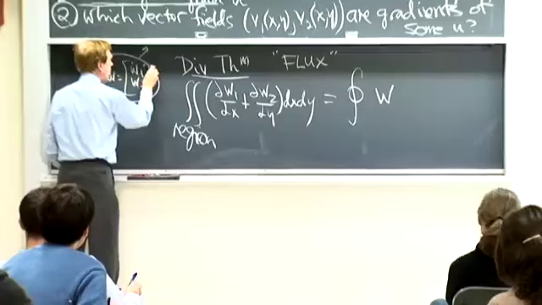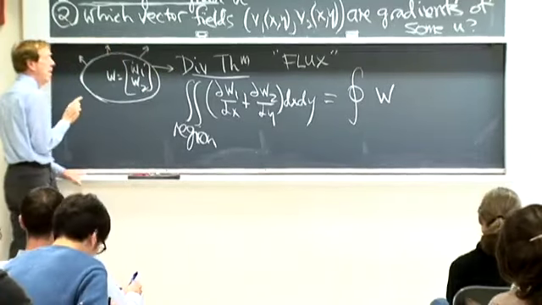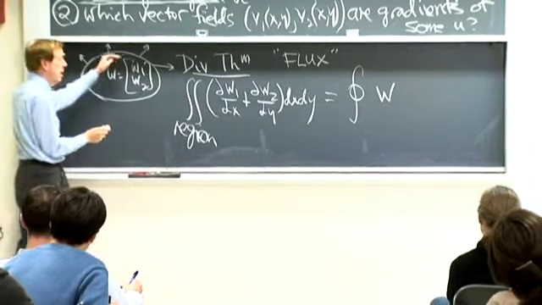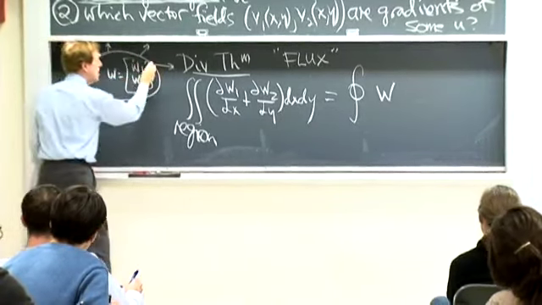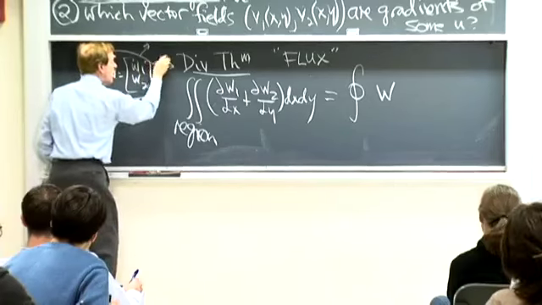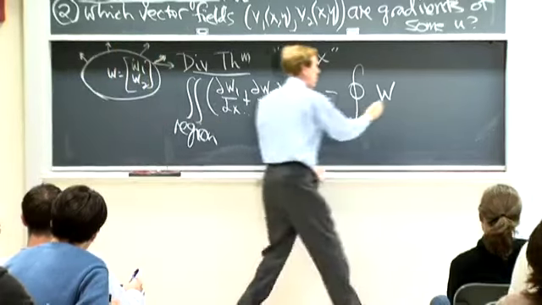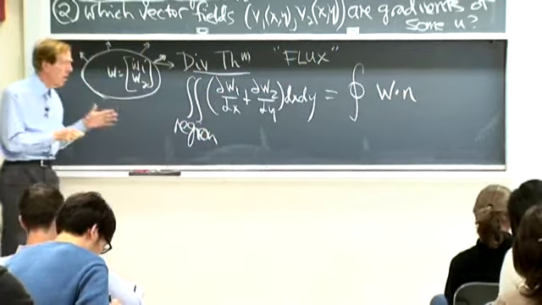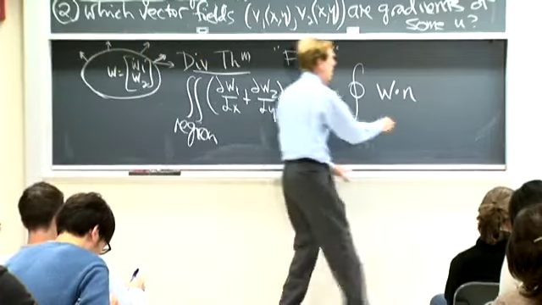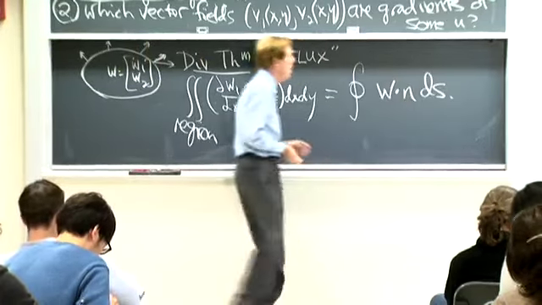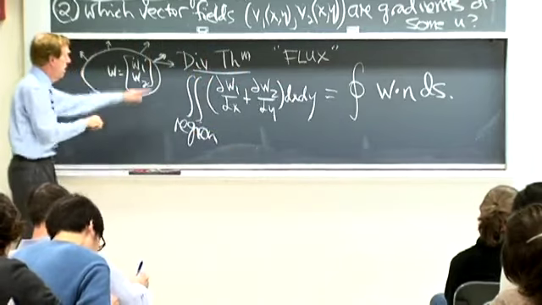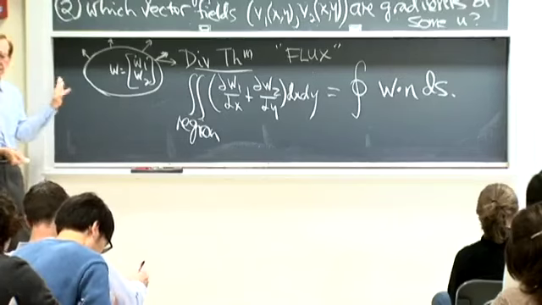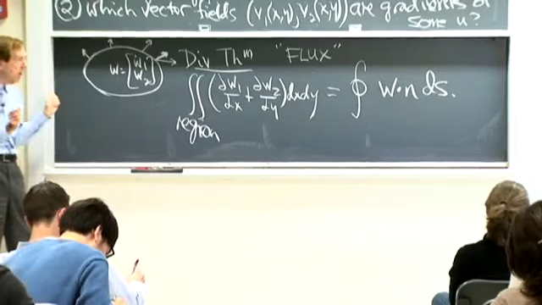Suppose W points that way. Then the actual flow out is not all that, because a lot of that is just going sideways. It's this part. It's the flow perpendicular to the boundary. So it's W dot N, the normal component of flow, and I integrate that around the boundary.